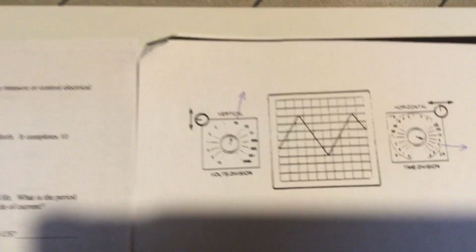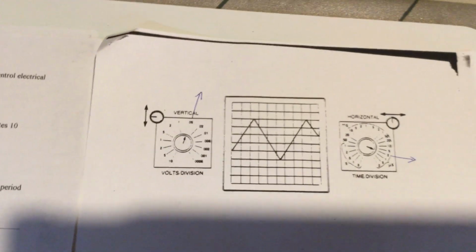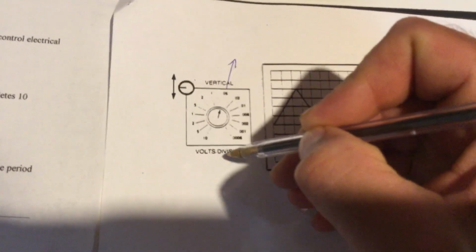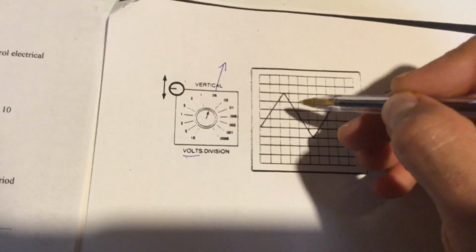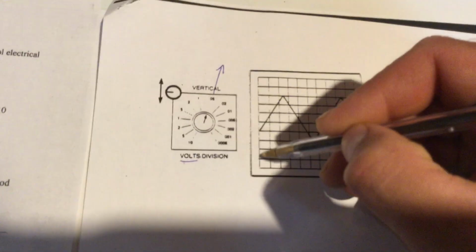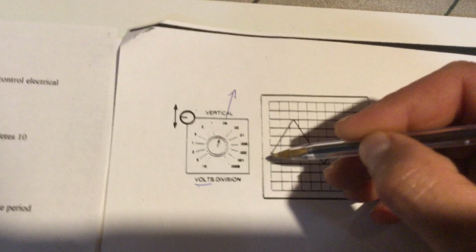So if this is the waveform that is given to me by the oscilloscope, there are a few things I have to do. The first thing I have to do is take a look here on the vertical knob, which is the volts per division, meaning every one of these boxes in the vertical direction, each box represents a certain amount of volts. How much?